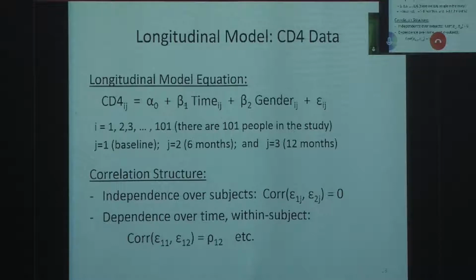And if it doesn't look like it, it's just because we're measuring CD4 counts with some noise attached. But in fact, there is some truth, beta 1, which is the effect of time on CD4 counts, and everybody in the sample and the population that I've drawn from has exactly the same slope, and I just need to estimate what that slope is.